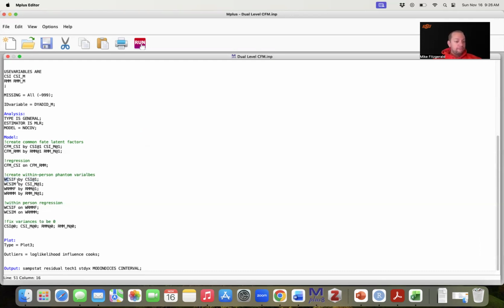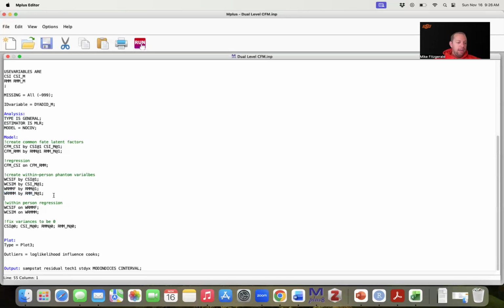And so we create the four phantom variables for each observed variable in our model. We have within for females for relationship quality, within for males for relationship quality, within for females for relationship mindfulness, and within for males for relationship mindfulness.